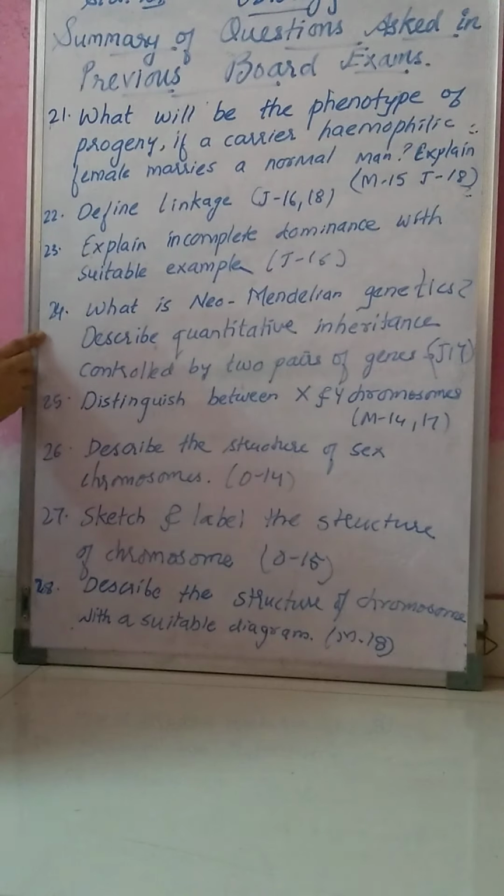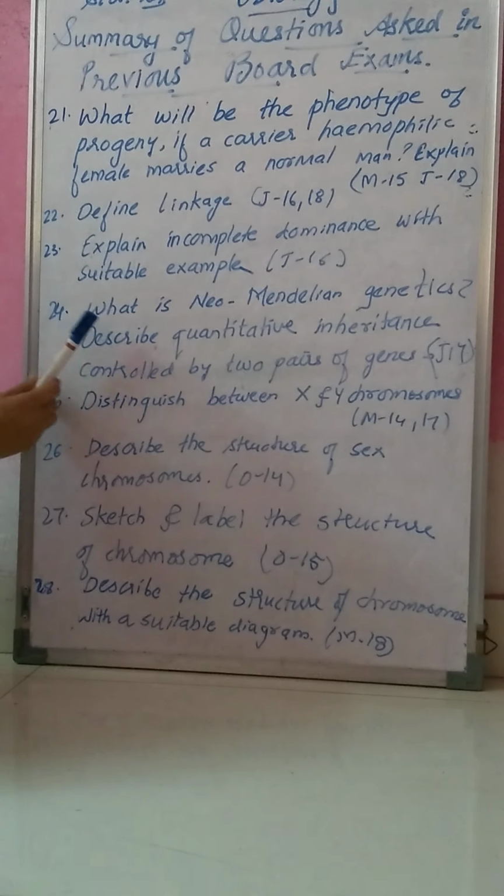The next question is question number 24. What is neo-Mendelian genetics? Describe quantitative inheritance controlled by two pairs of genes.